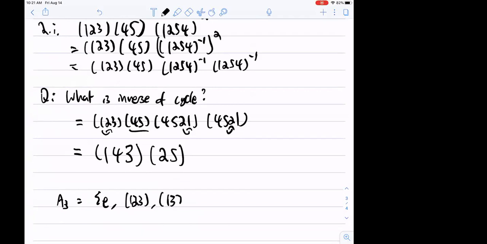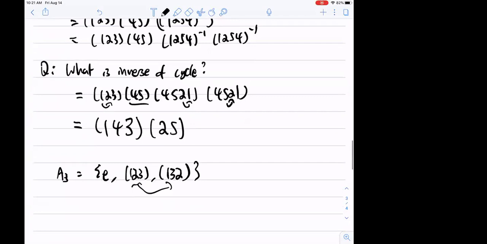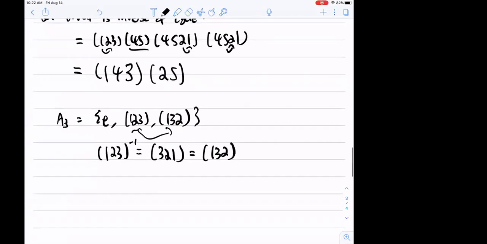So these two are inverses. We could check it: for 1, 2, 3, we use the formula. The inverse is 3, 2, 1, which is the same as 1, 3, 2. You could check this: 1 goes to 3, 3 goes to 2, 2 goes to 1. Same thing here. So it's just another way to write it.